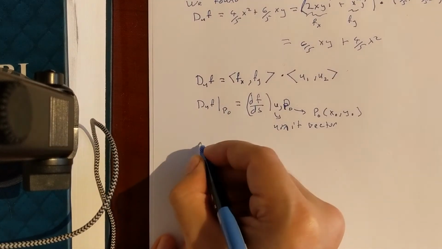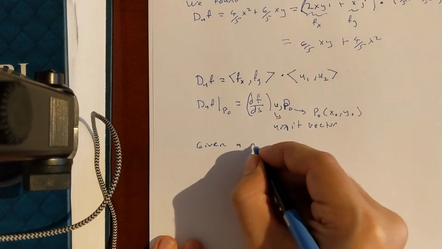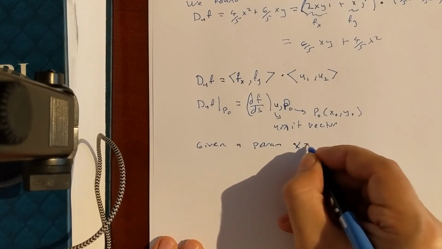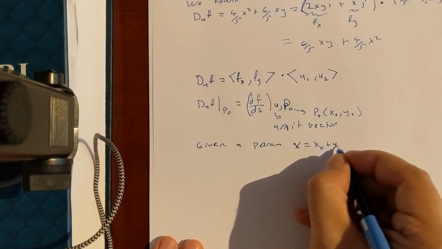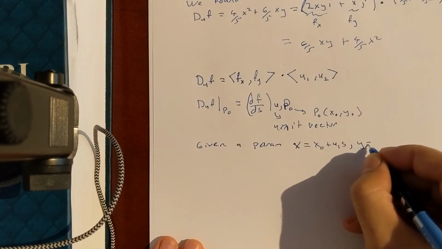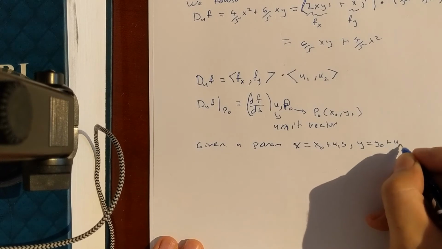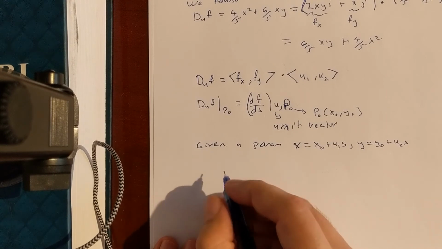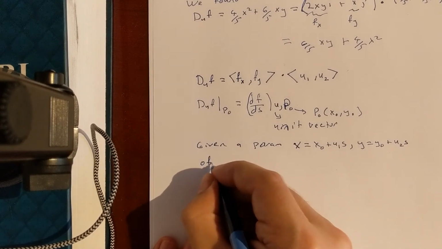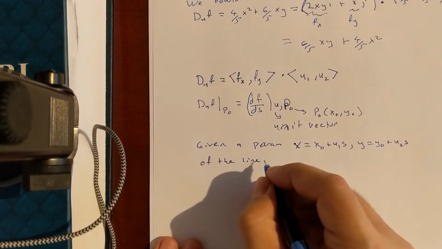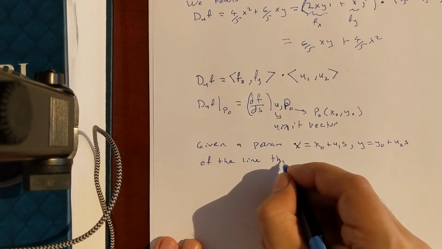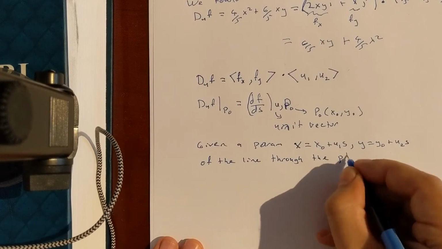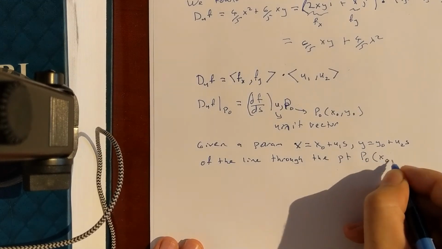Given a parameterization, what's going to be our parameterization? x equals x naught plus u1 s, y equals y naught plus u2 s, of the line through the point P naught, and let's give it coordinates x naught, y naught.